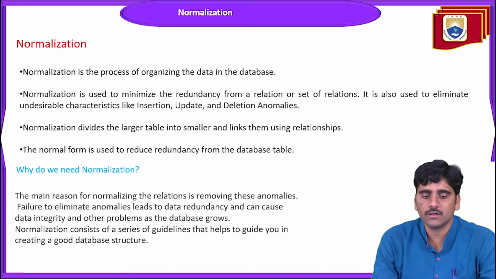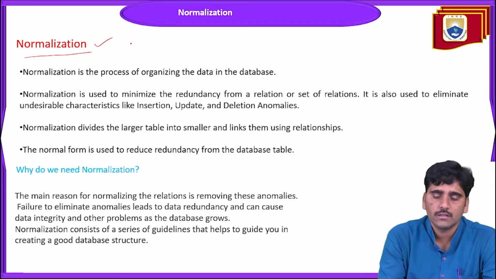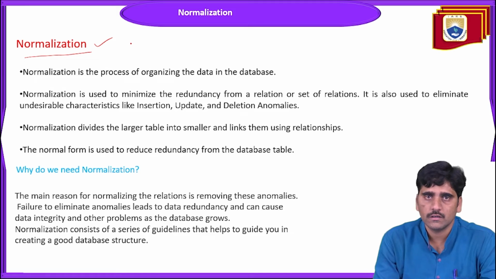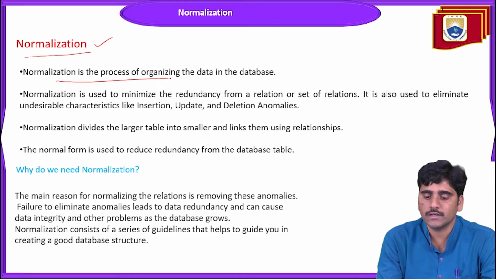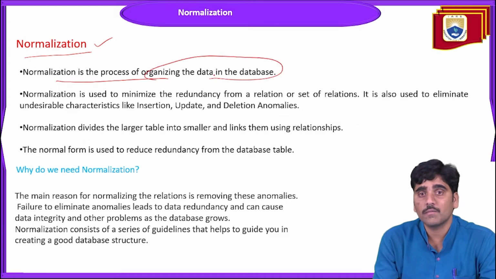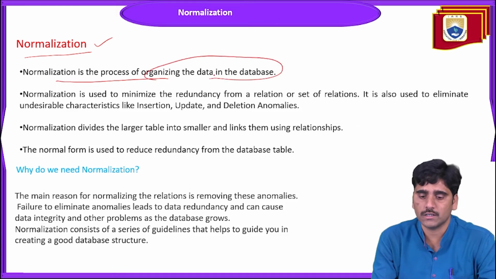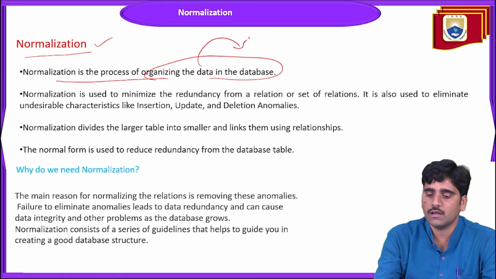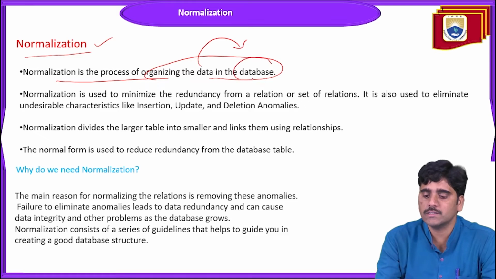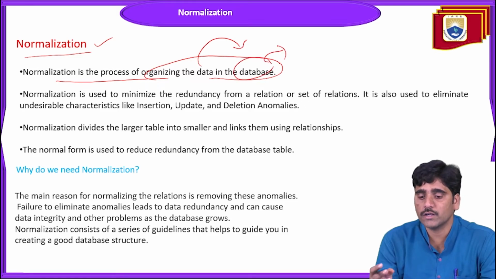The next one is what? Normalization. Normalization is the process of organizing the data in the database. Data is different and database is different, because data is the item being placed, and the database is the place where the item is located.